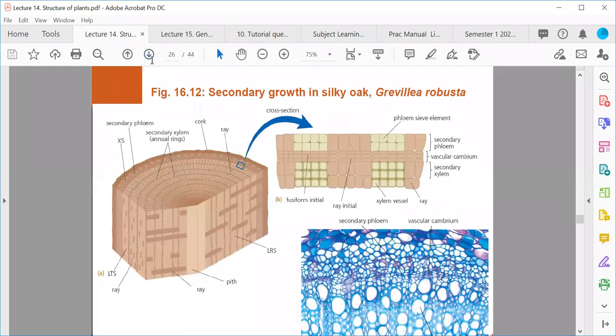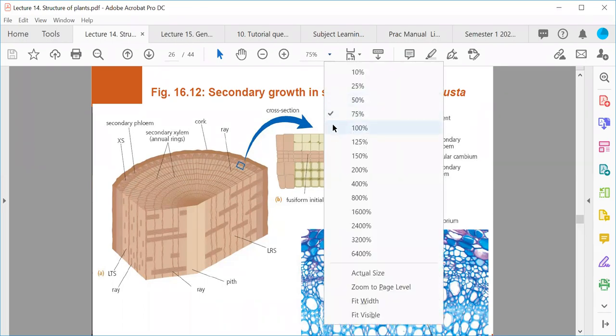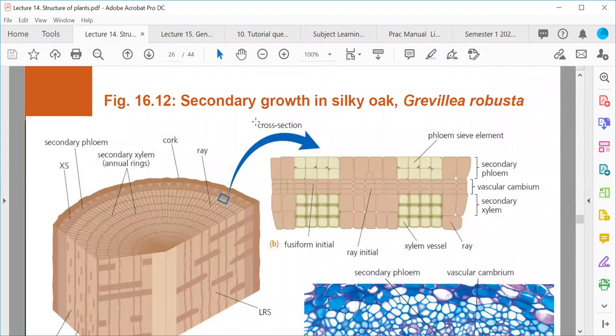So let's look at that in a little bit more detail. First, starting to the left here, so obviously what you're seeing is a portion of a woody stem, obviously a trunk, and I'll just enlarge that a little bit. There we go. All right, so let's look at some of the names here.